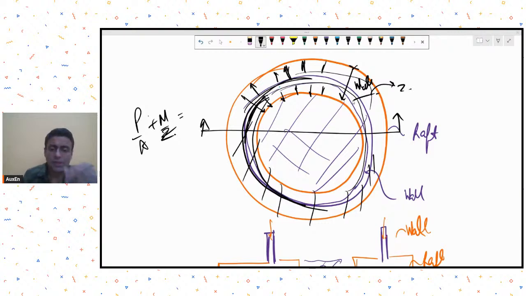Okay, so we have converted this bending, by providing a very stiff beam, strap beam, or call it a stiff wall, into a one way behavior. So once you do that, then you can easily calculate the pressures, P by A plus minus M by Z, or you can calculate the shears, etc. Okay. So, because the question was not very specific, we just highlighted the meaning of annular raft over here.